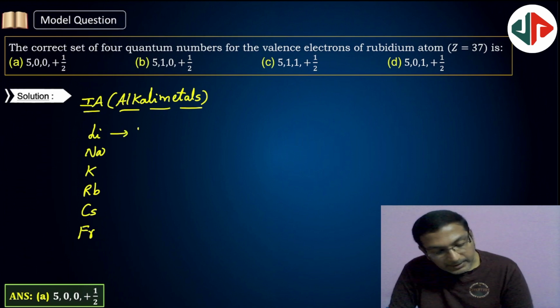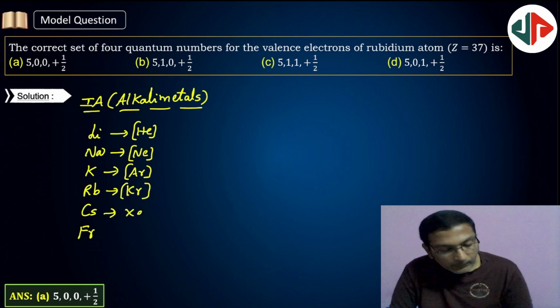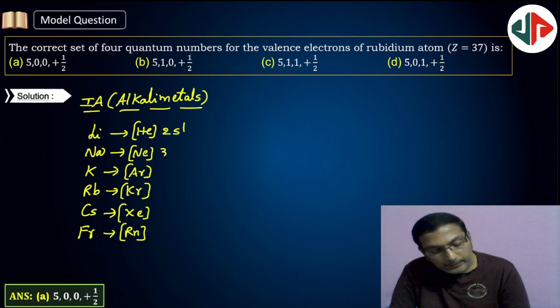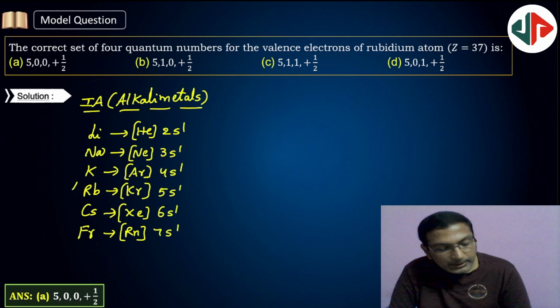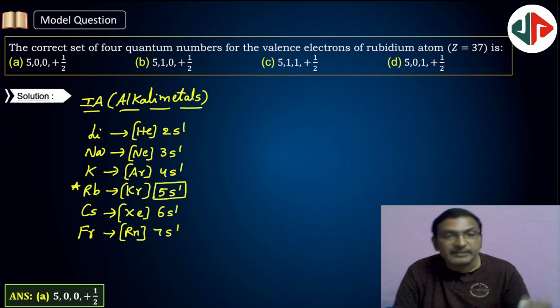So corresponding configurations are helium core, neon core, argon, krypton, xenon and radon. So after completion of helium core, 2s1, 3s1, 4s1, 5s1, 6s1, 7s1. Here rubidium is given. Valence electron of rubidium is 5s1.